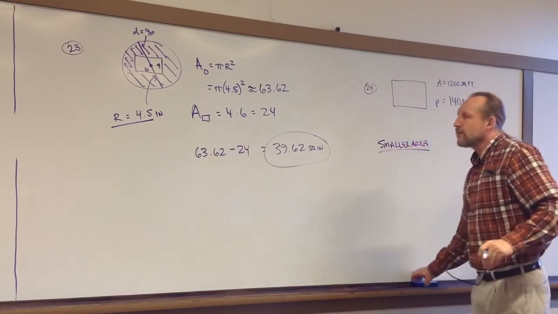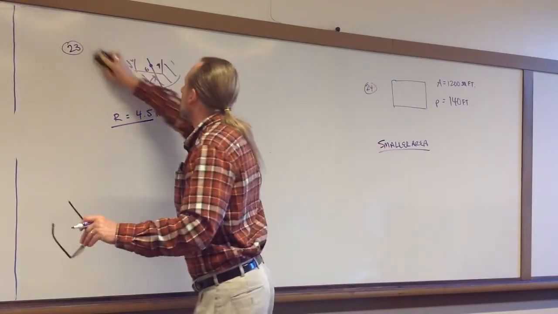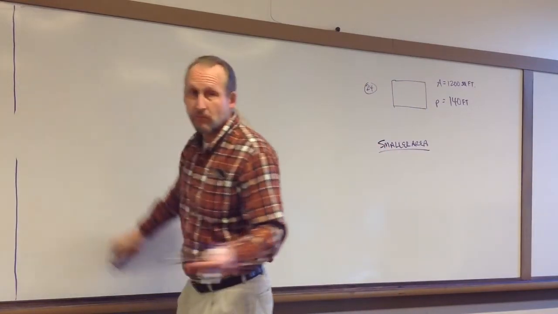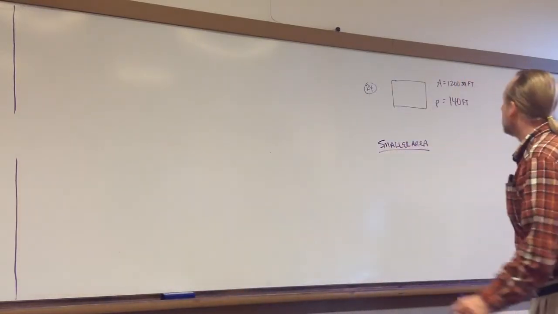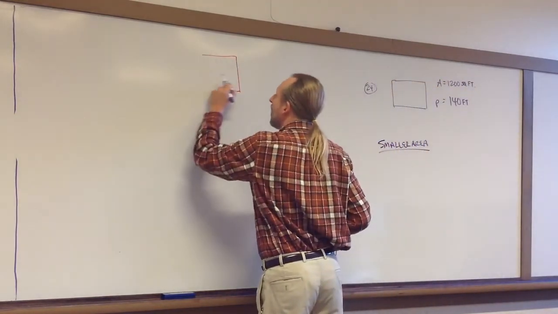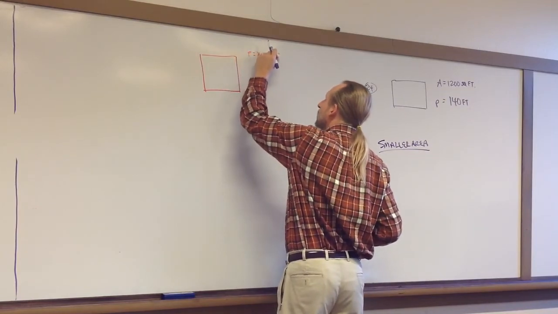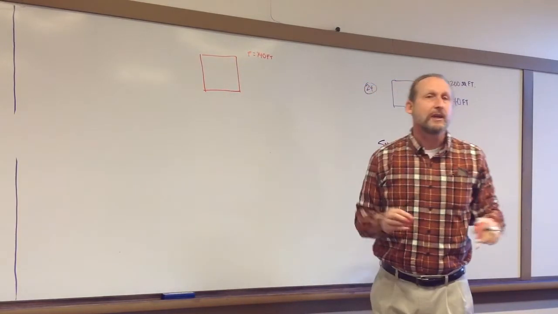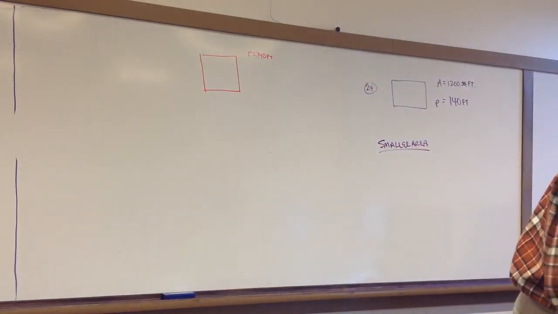Now remember that the biggest area comes from a square, as long as we're working with a four-sided figure. So the biggest area for this perimeter is going to be a square that has a perimeter of 140 feet. So what are the lengths of those sides? Well, take the 140 and divide it by 4.